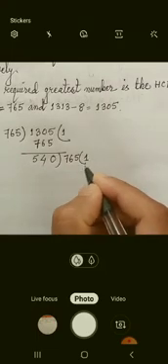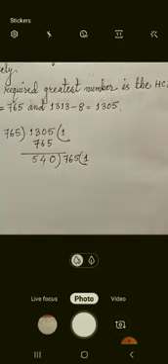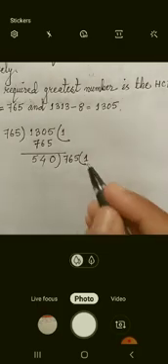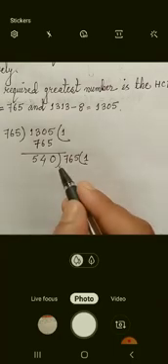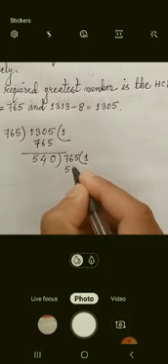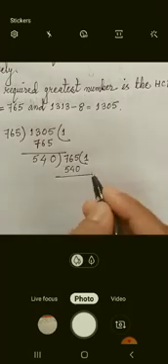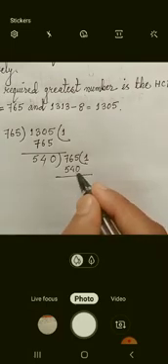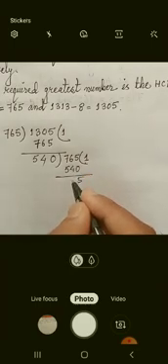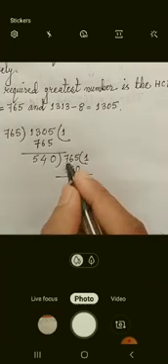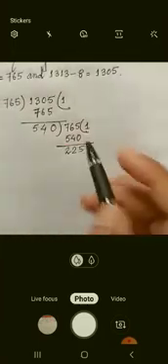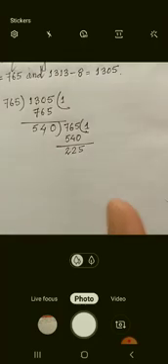Generally one time, because 2 times 540 is 1080, so we cannot divide 2 times. One time 540 is 540. Subtracting 0 from 5 gives 5, subtracting 4 from 6 gives 2, and subtracting 5 from 7 gives 2. In the second step we get 225 as the remainder.